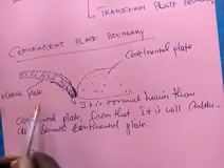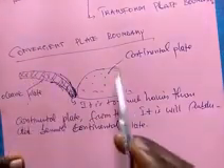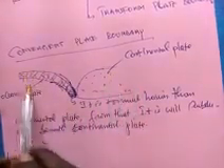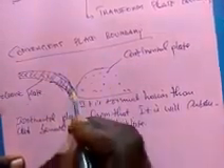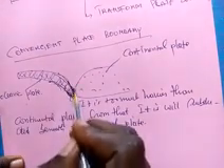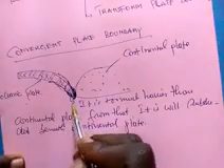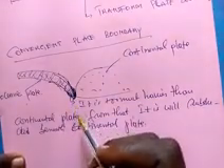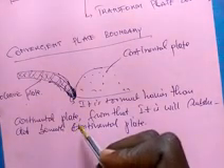So you see, this is the oceanic plate, this is the oceanic plate, this is the continental plate. Because this oceanic plate is much heavier than the continental plate, it will be subducted beneath the continental plate. As it is subducted, there will be a destruction of mantle.